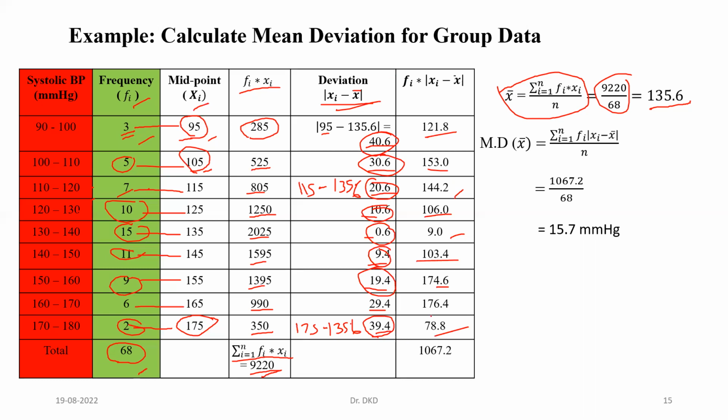Then we add all the values and get 1067.2.